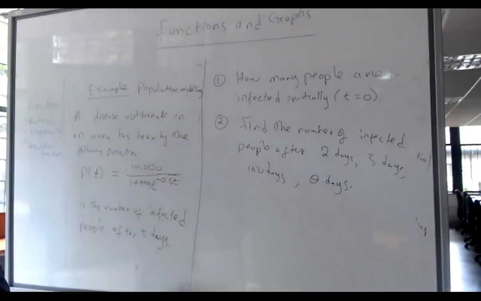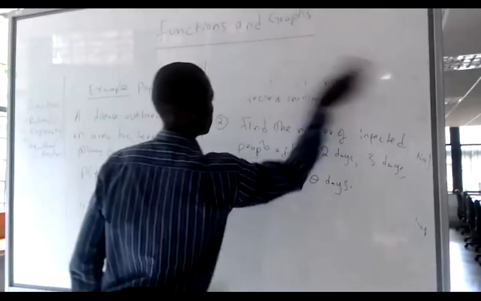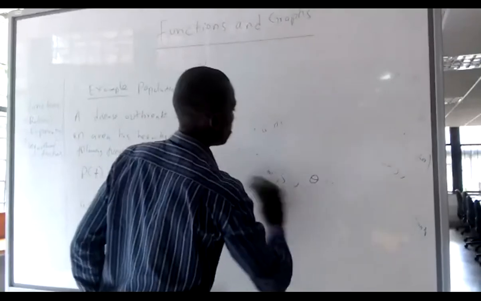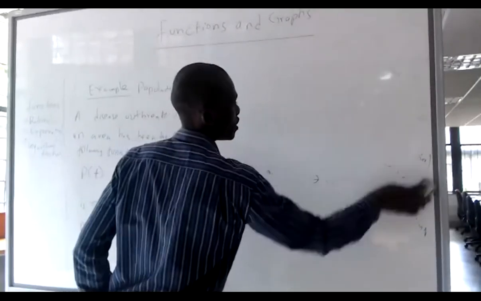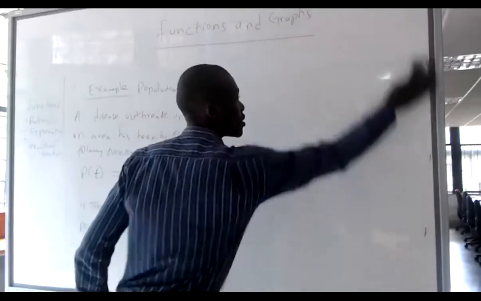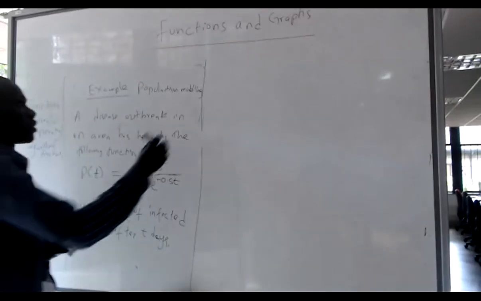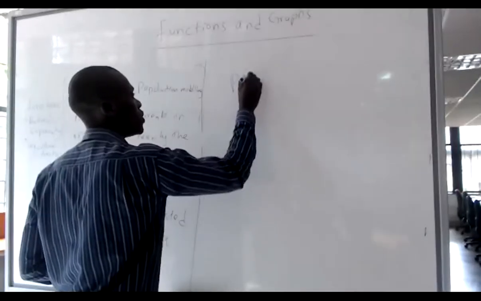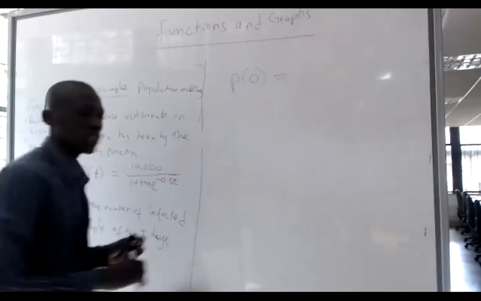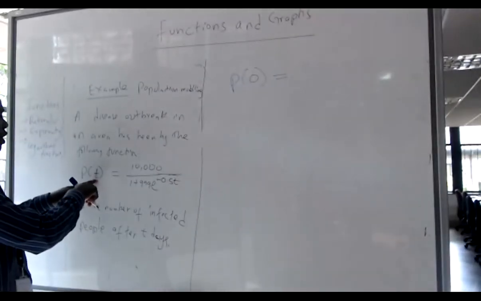Okay, so I'm going to write the solutions here. So the first question is, how many people are infected initially? You've been asked at time 0. So at the beginning, how many people are infected? You simply need to compute P of 0. So initially, that means at time t0, compute P of 0, just replace t with 0.